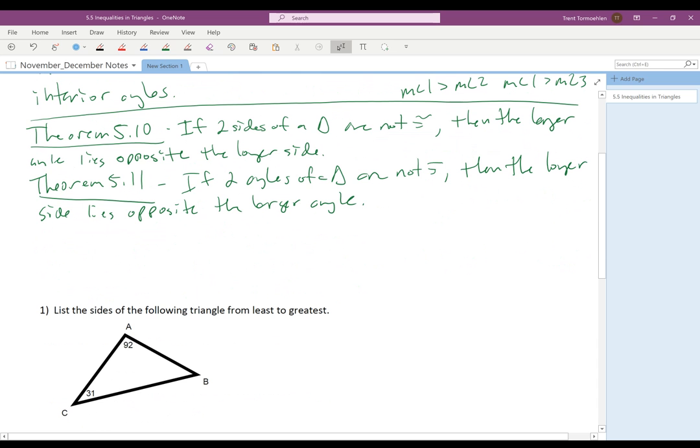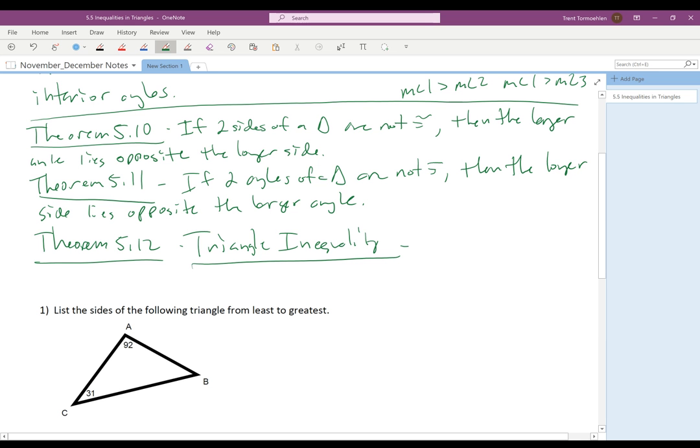And then the last one is a very important theorem, and it'll come up over and over again in math as you get into higher level math. It's called the Triangle Inequality. What the Triangle Inequality says is the sum of the lengths of any two sides of a triangle is greater than the third side.